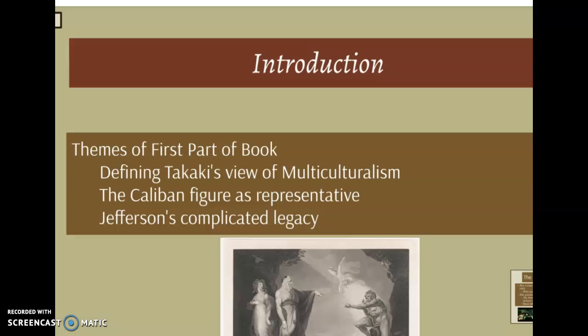Finally, I think Thomas Jefferson is really a good test case. The guy wrote about everything, and he's very blunt about his opinions, and we'll deal with some of that.